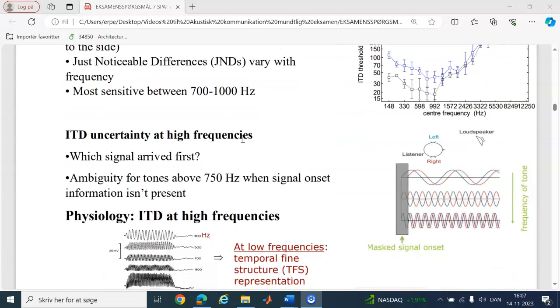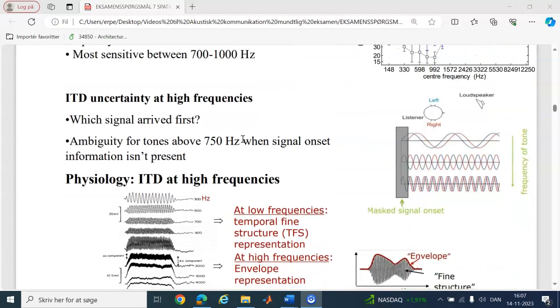ITD uncertainty at high frequencies. Which signal arrived first? There's ambiguity for tones above 750 Hz when signal onset information isn't present, because there can be phase confusion.